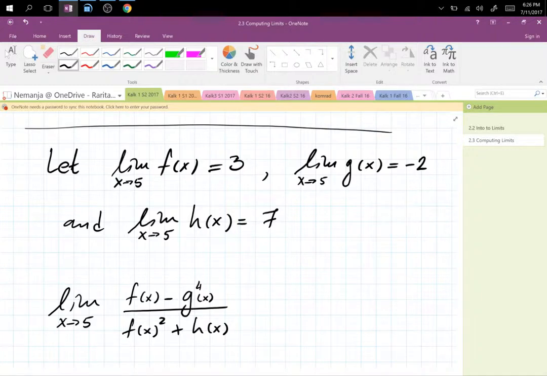This is function composition technically, right? So what would you do here? Yep, you will break it up using the limit rules, and then you will replace the numbers for each of the limits.